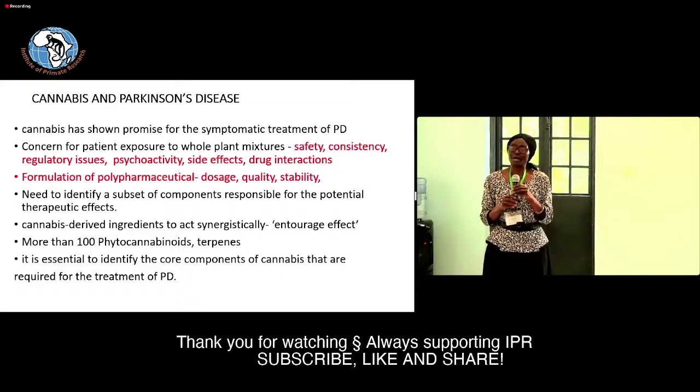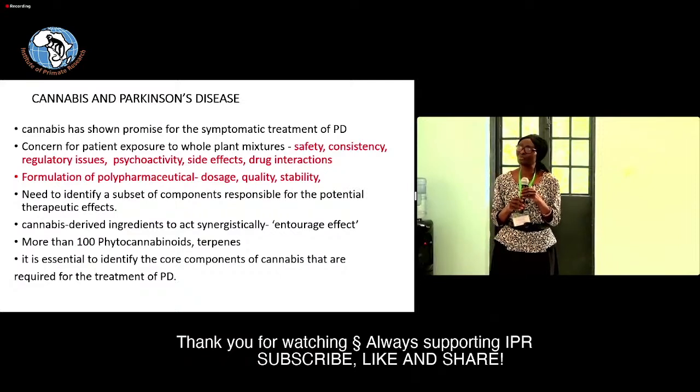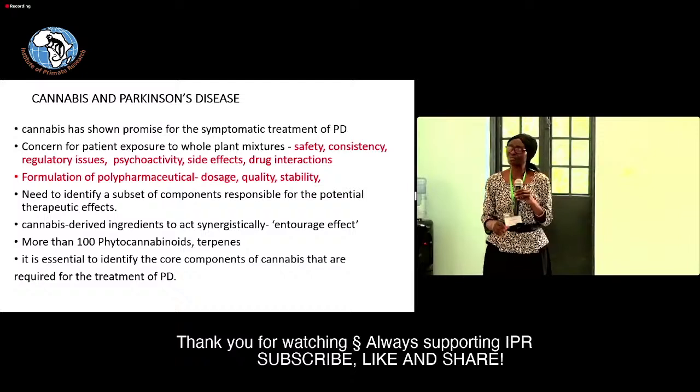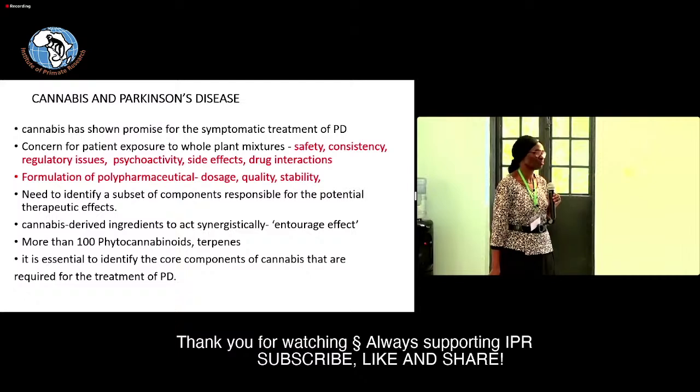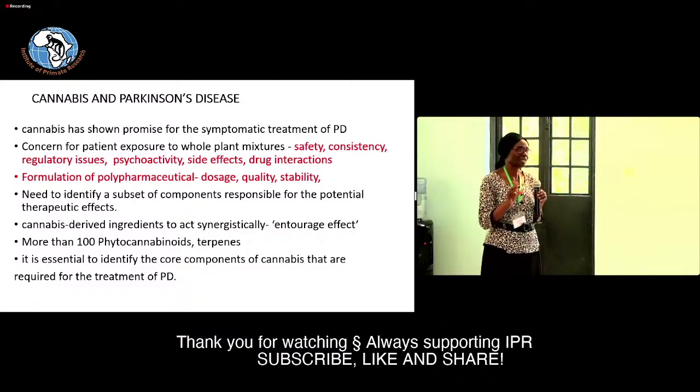So cannabis as a plant has shown promise for the symptomatic treatment of Parkinson's disease, but I'm not going to go much into that. I decided just to briefly look at the challenges associated with the plant.